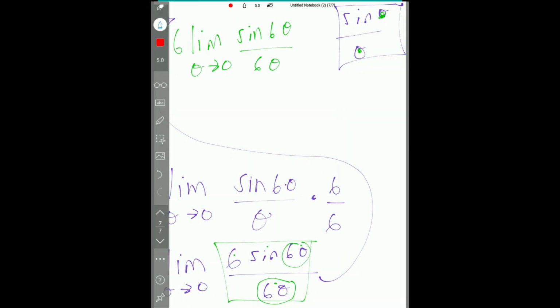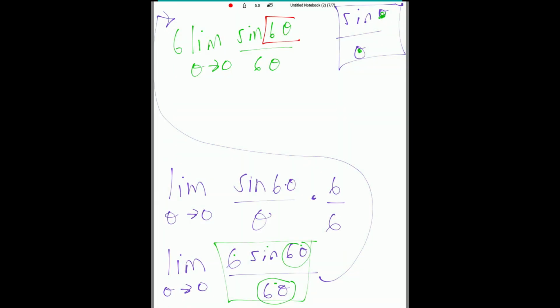All we wanted to do was to get whatever term was here to be here too, because we needed that in order to make use of the fact that the limit of sine theta over theta, as theta approaches 0, is 1.